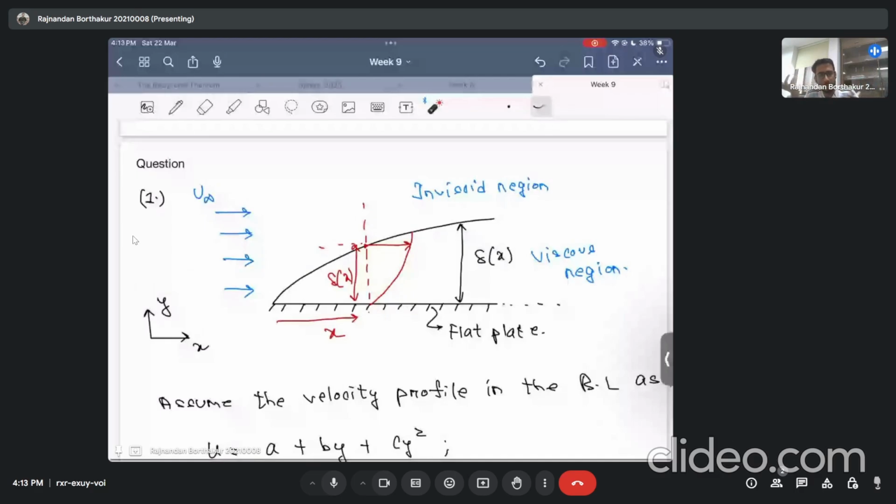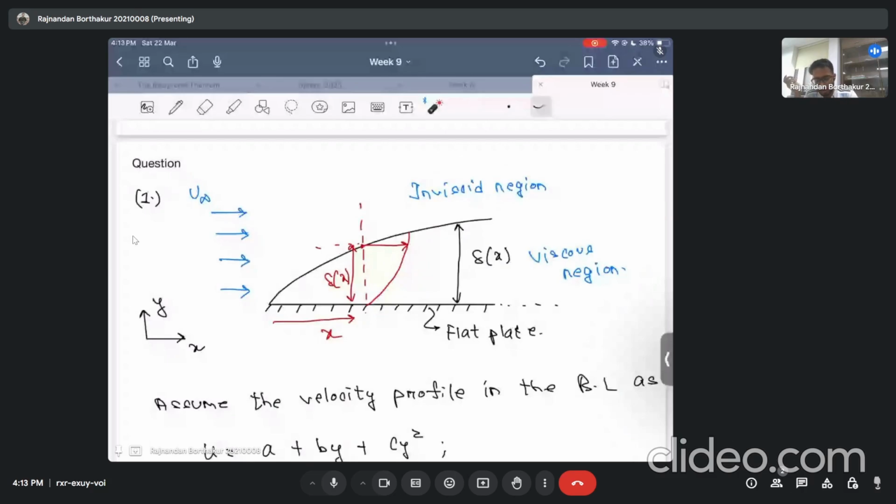And as I say, on account of viscosity, a thin layer of region develops, wherein the viscous effects are dominant, and that's why we call it the viscous dominated region, or simply the viscous region. And the region outside the boundary layer, we call it the inviscid region. And the axis system is such that the coordinate horizontal to the plate is x, and the coordinate vertical to the plate is y. Okay.